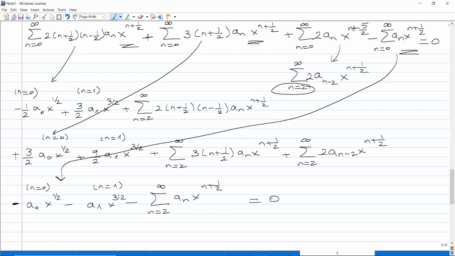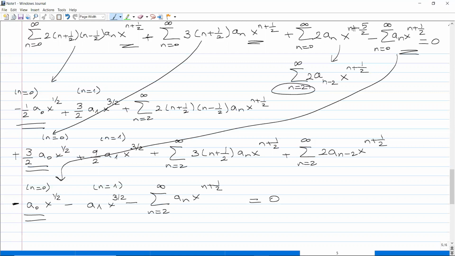And this whole thing is 0. Now, you see, if you collect the terms x to the 1/2, they add up to 0. So that's why the number a0 is going to be free. There is no condition on the number a0. Okay?